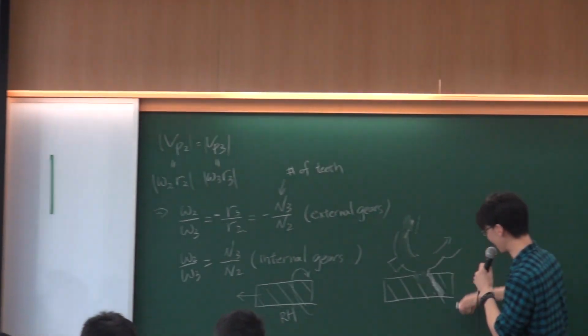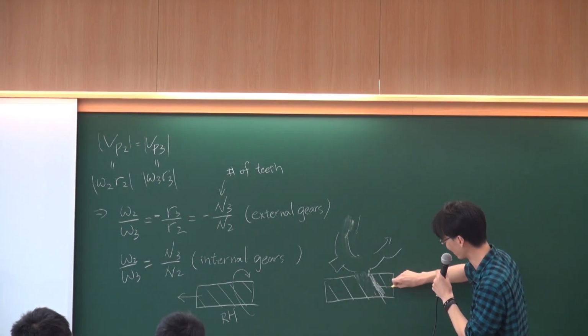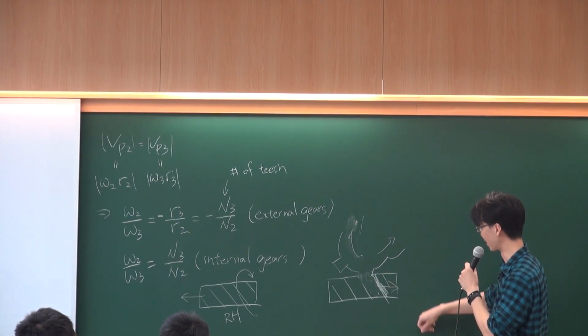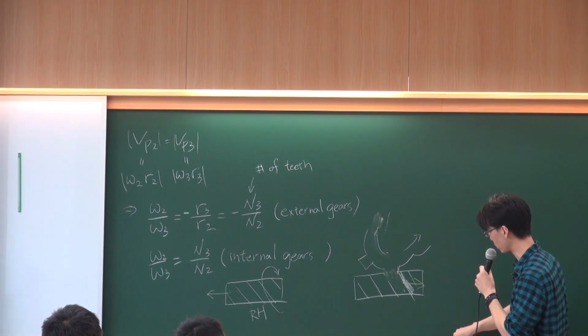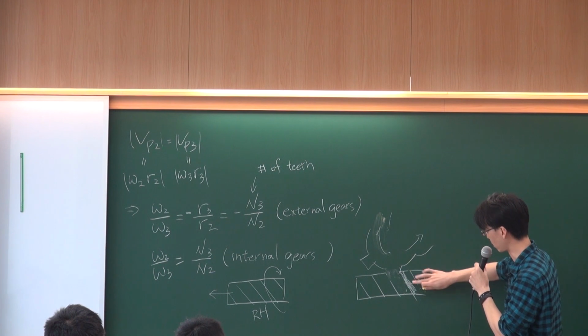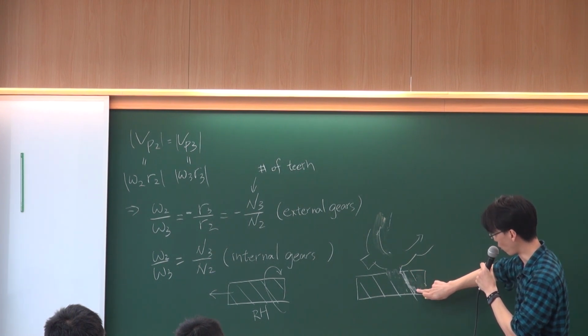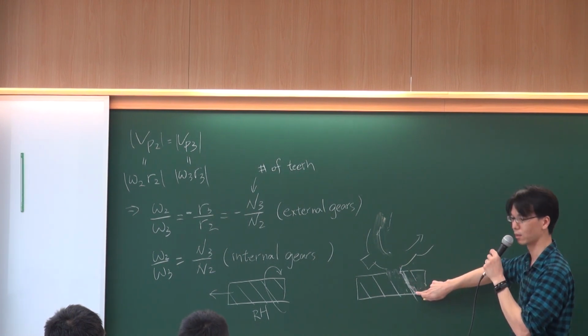Sorry, if I rotate in this direction, it should move in this direction. Sorry for the mistake. Because if I rotate in this direction, this point is going to go up, right?